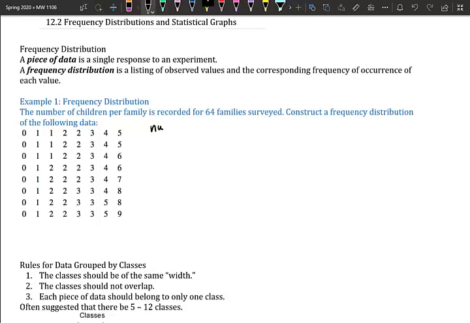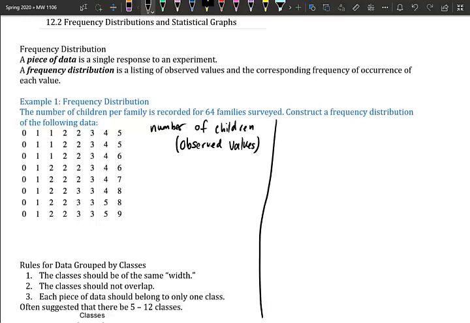So number of children, that's actually known as our observed value. And then after our observed values, it's the number of families.